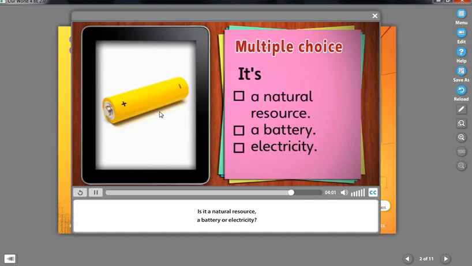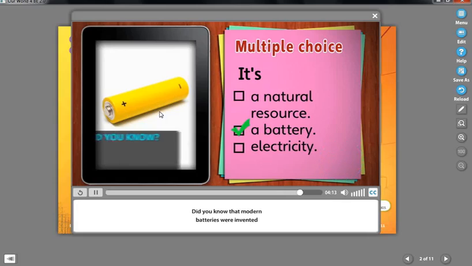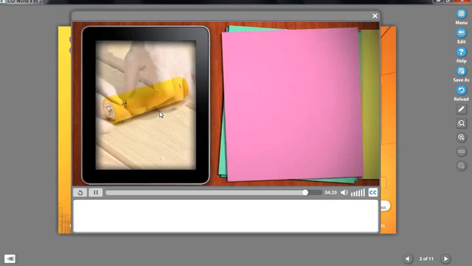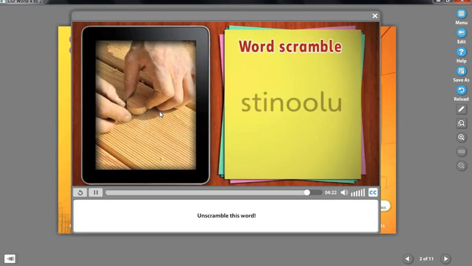Is it a natural resource, a battery, or electricity? It's a battery. Did you know that modern batteries were invented about 200 years ago? Unscramble this word. Solution. A solution is an answer to a problem.